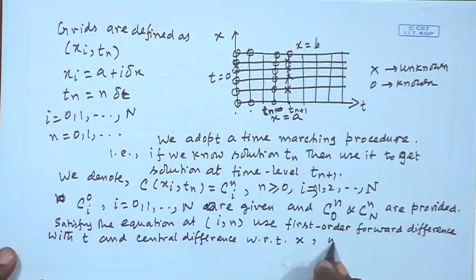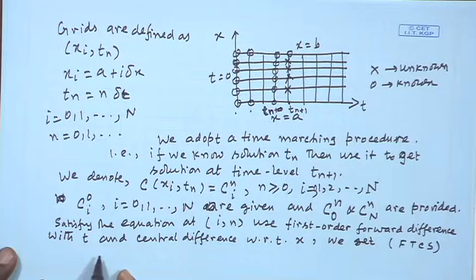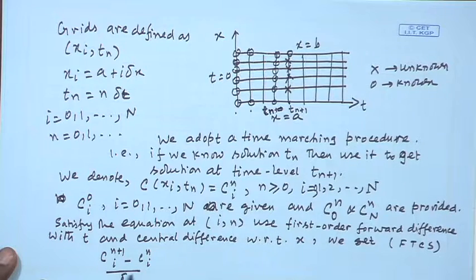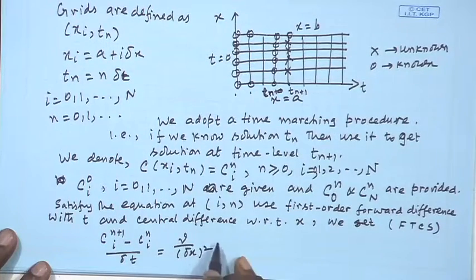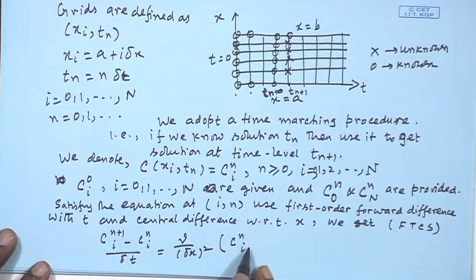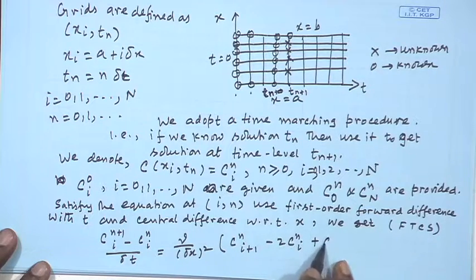What do you get? This is also called the FTCS. So what I get is Cn plus 1 I minus Cn I by delta t equal to nu by delta x whole square, Cn I plus 1 minus twice Cn I plus Cn I minus 1.